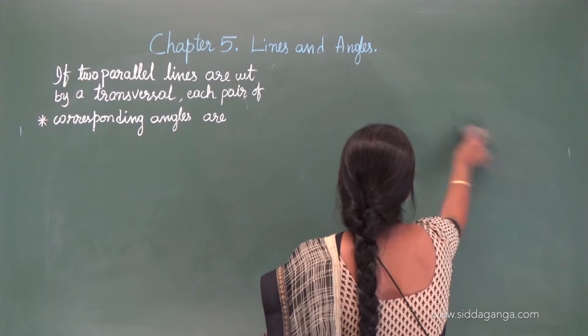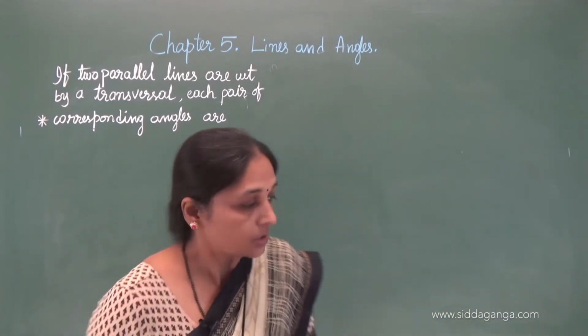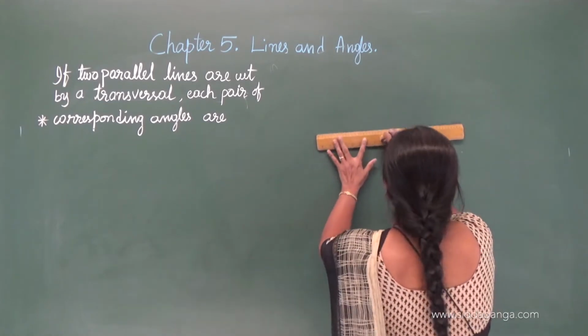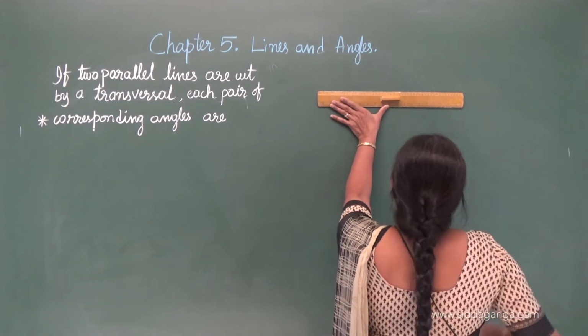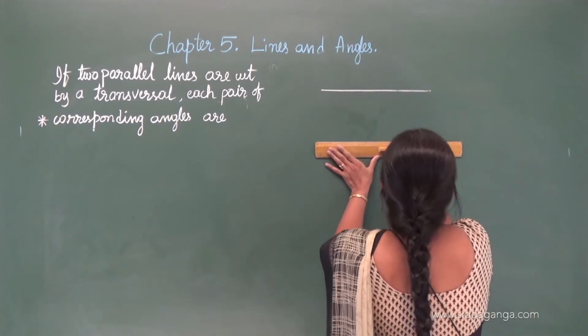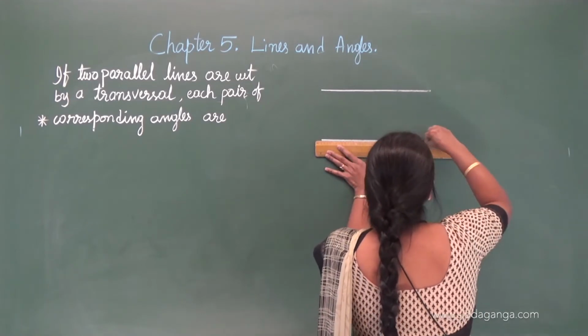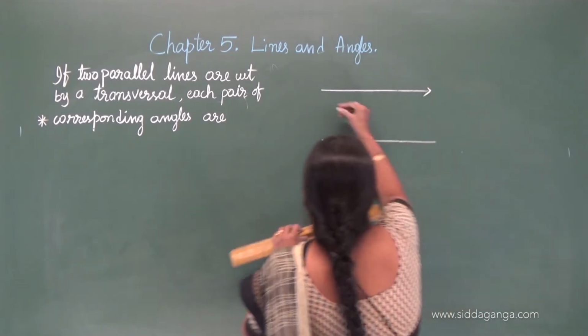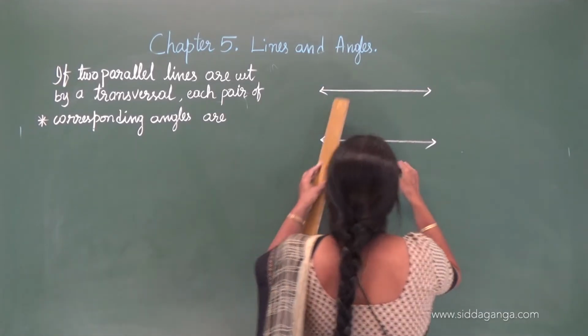So these are the three methods that we can use to write about parallel lines and a transversal. I write here these two parallel lines. We have two methods to draw parallel lines, one using set squares and another using a compass.